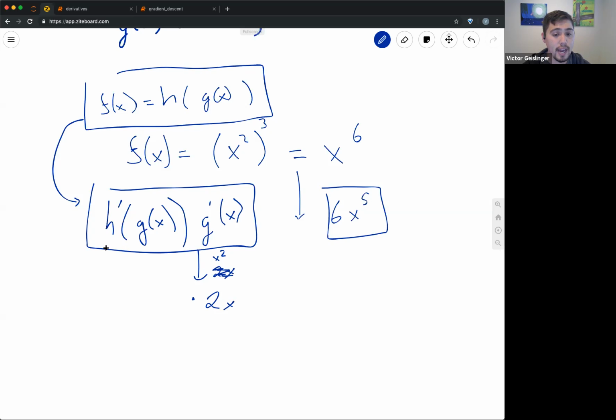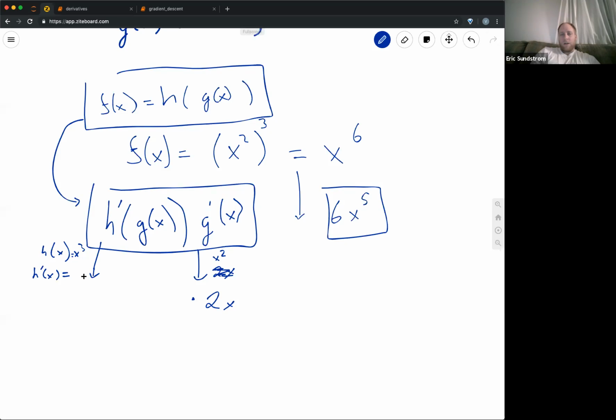And then h prime: h of x, that function, was just x to the power of 3. So what would be the derivative of this right here? I have x to the power of 3, so 3x squared. Good. Thank you. Okay, so you have 3x squared here.